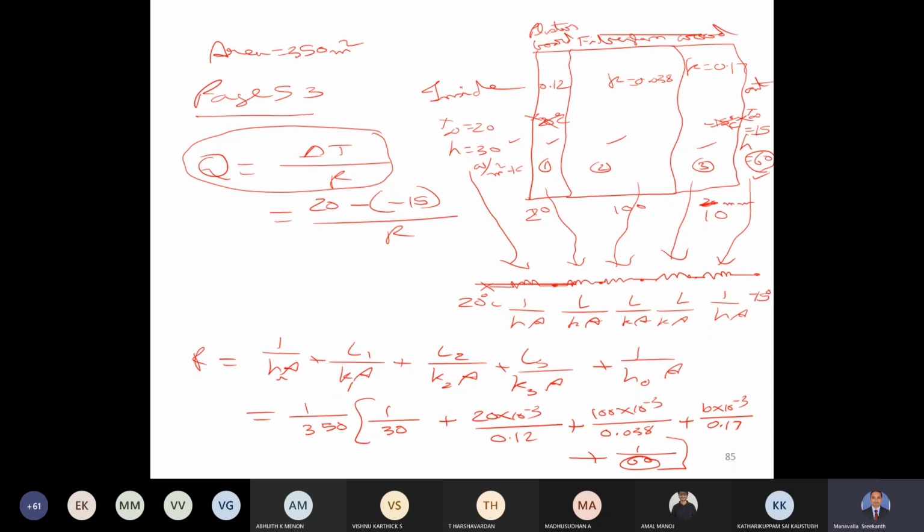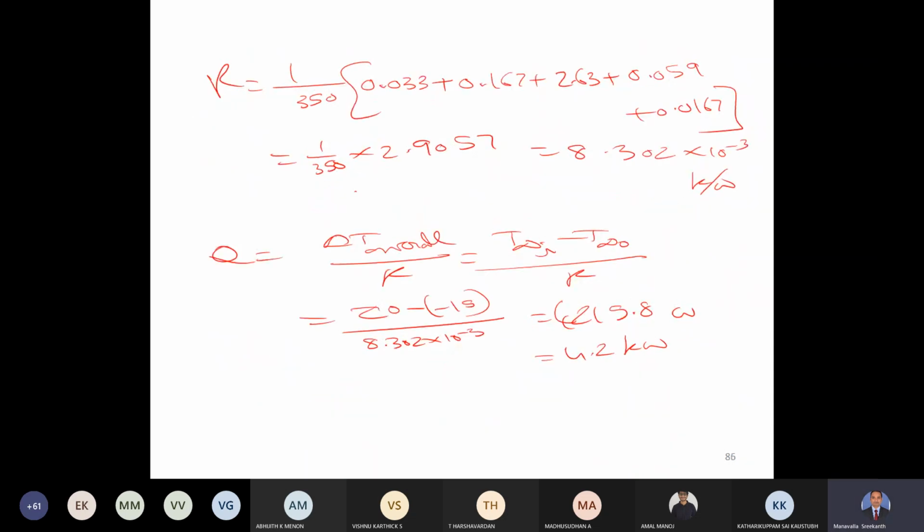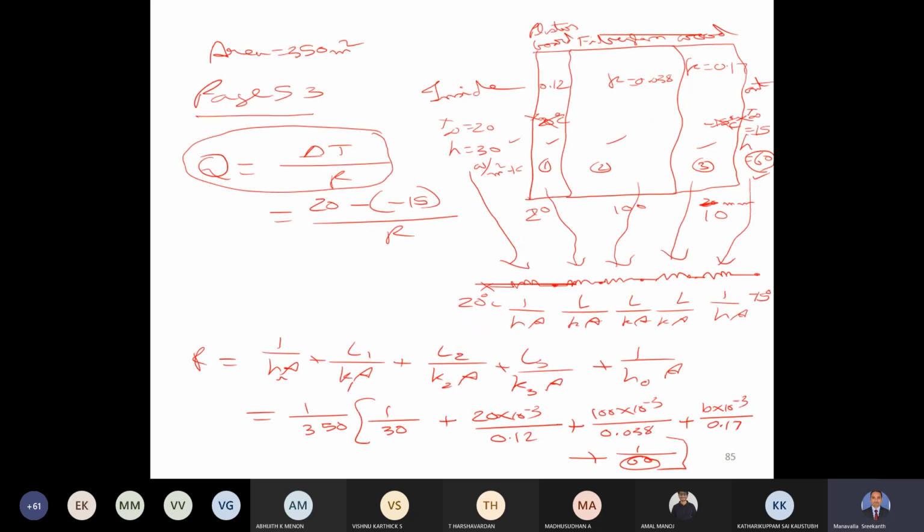So in this case, you can see which one has got the highest resistance. You compare these values, 0.033, 0.167, 2.63, 0.059, 0.0167. You can see that the highest one is 2.63, which corresponds to the fiberglass.